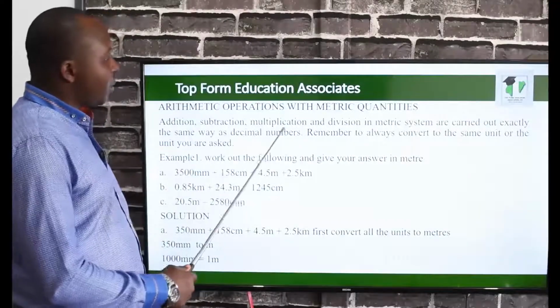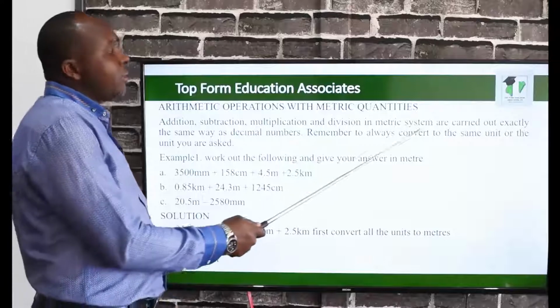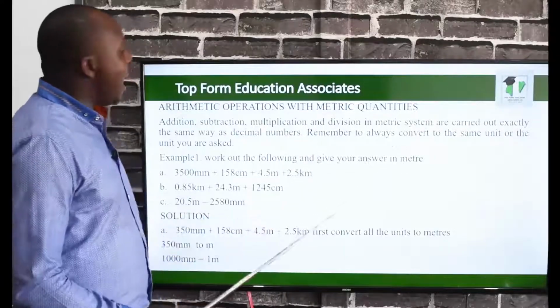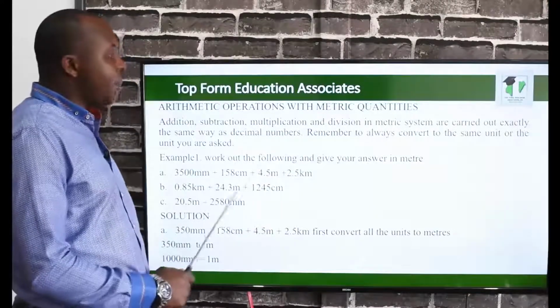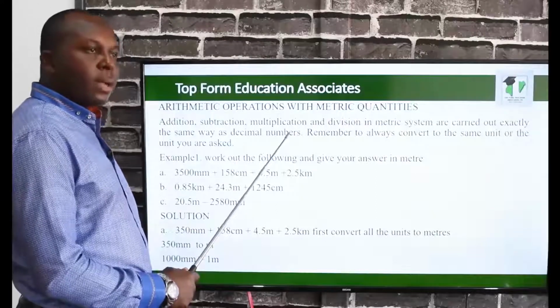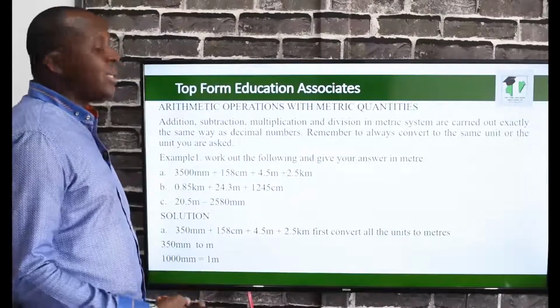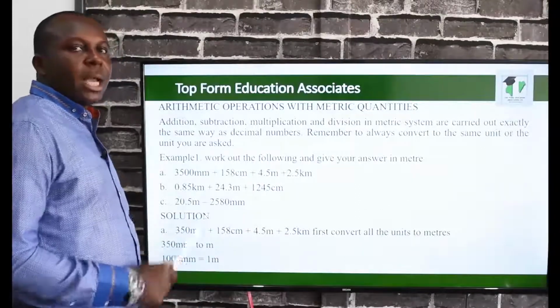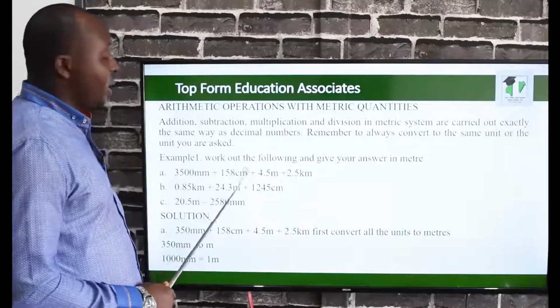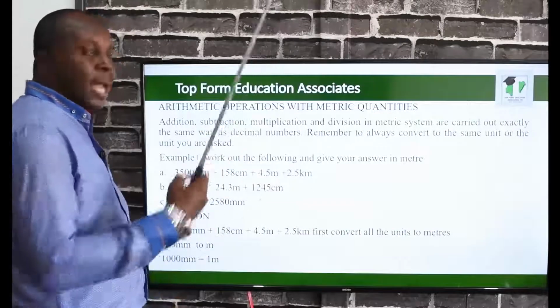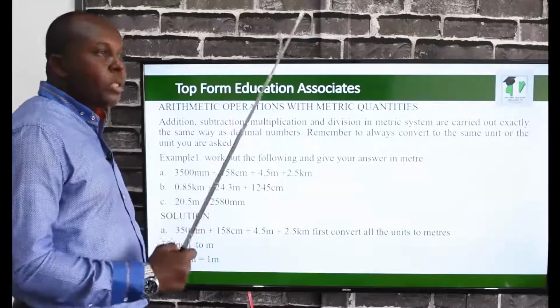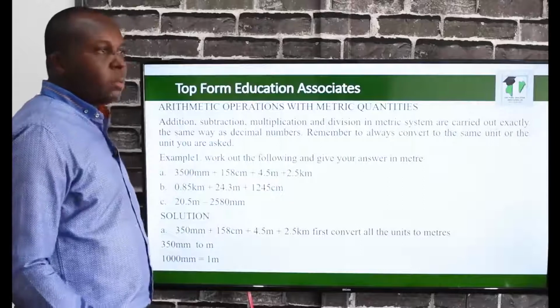Addition, subtraction, multiplication, and division in the metric system are carried out exactly the same way as with decimal numbers. The way we used to add, subtract, multiply, and divide decimal numbers, the same way we are dealing with this. What do you mean by that? The decimal points will be vertical.